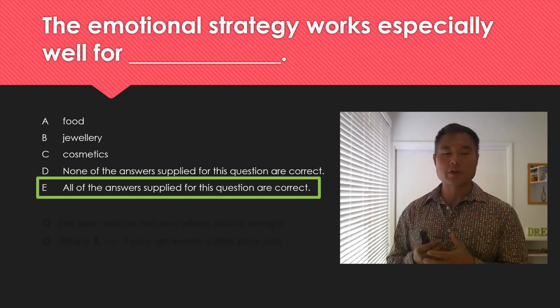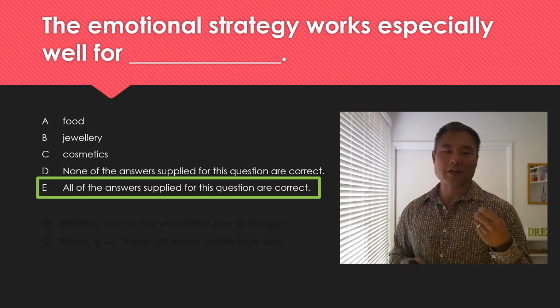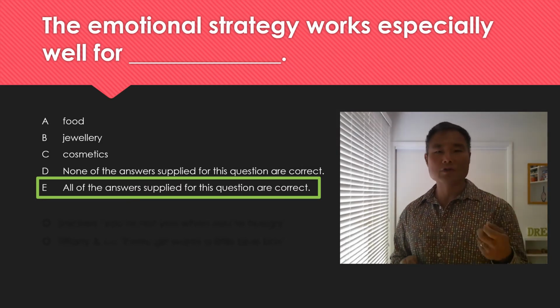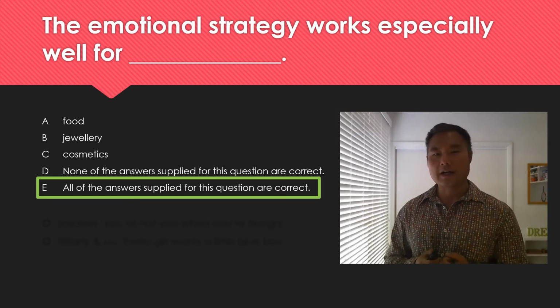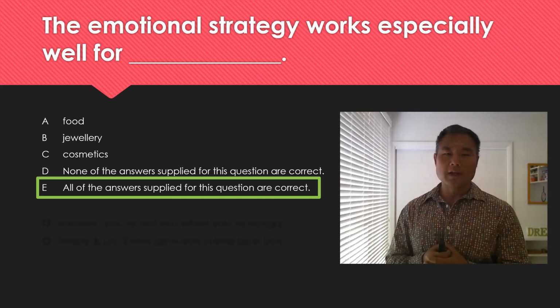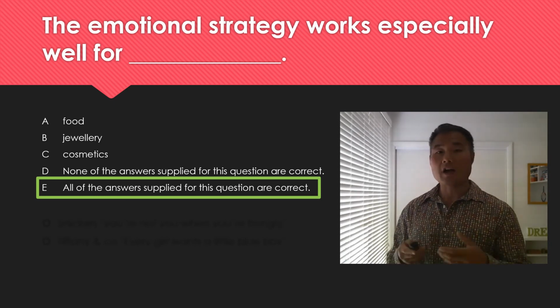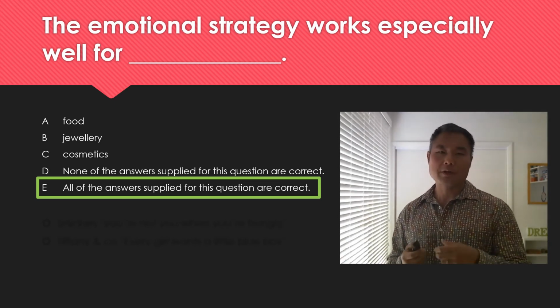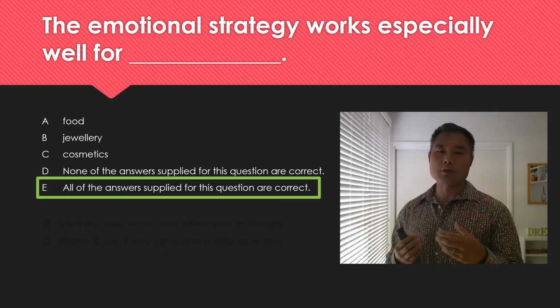So food, jewelry, cosmetics. And when I say food, usually it's things like chocolates or some sort of alcoholic beverage, something decadent, right? Ice cream is another good example. But you see the emotional strategy work on even the most basic of foods.